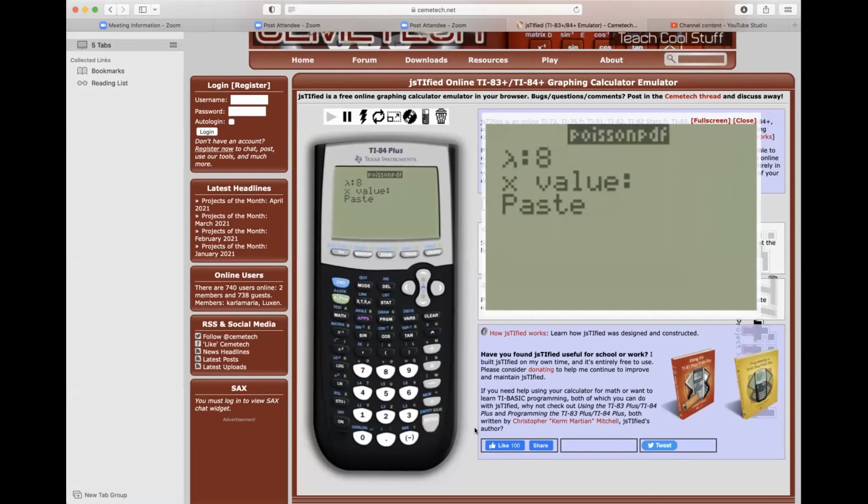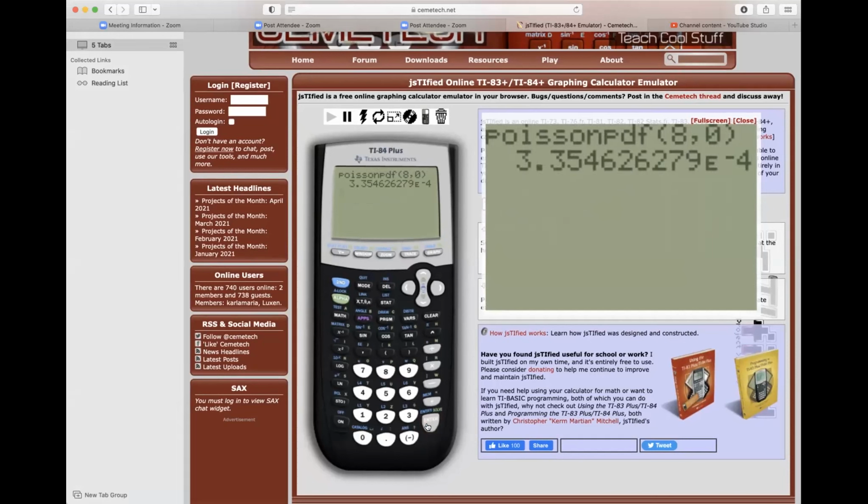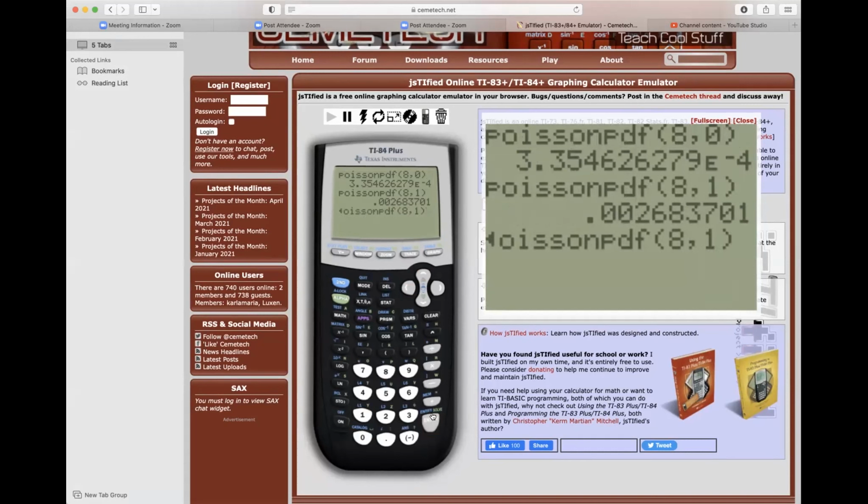And in this case, x equals 0 gives this value, right? So 3.35. Now you have to do it for 1. It should not be that difficult if you have a calculator, you see? And then you do 2 until you get to 7. 7 will be the last one.